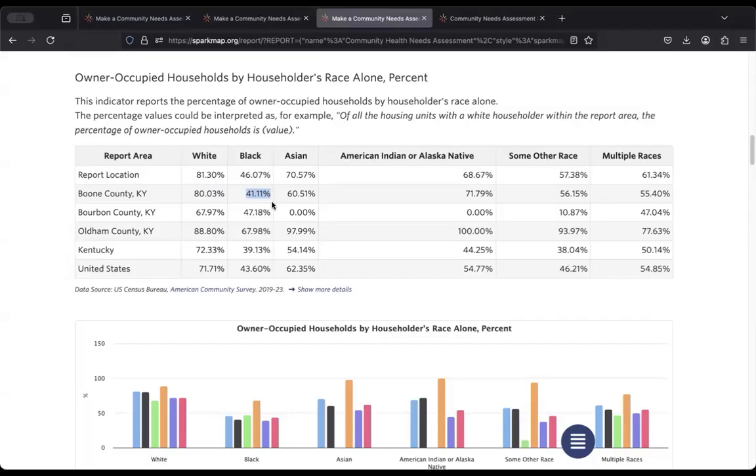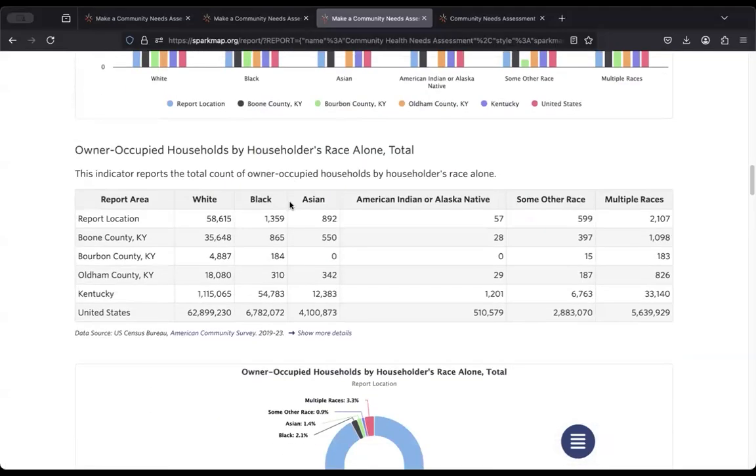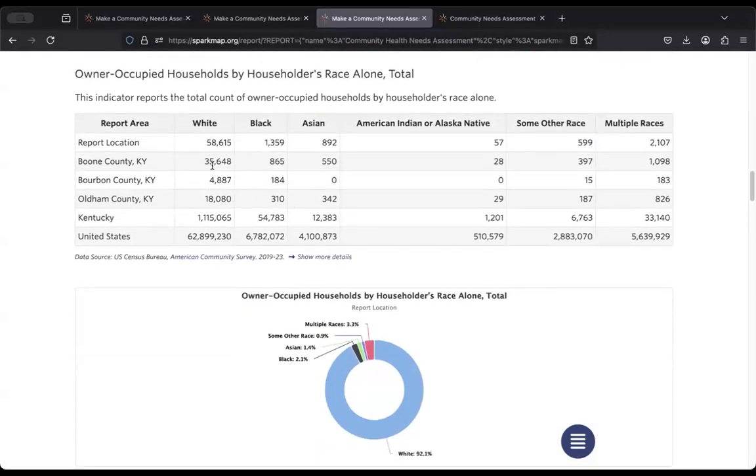How do we work on that? Is it related to mortgage lending? Is it related to education or financial assistance? How does it look compared to income, right? So those are some additional questions that we could ask of the data. We can look at this again as total numbers as well. So we can see here that it is true.